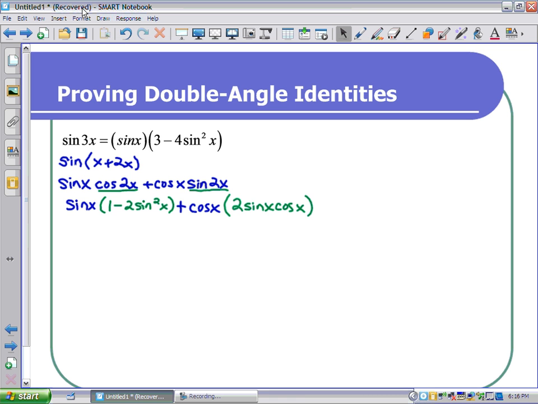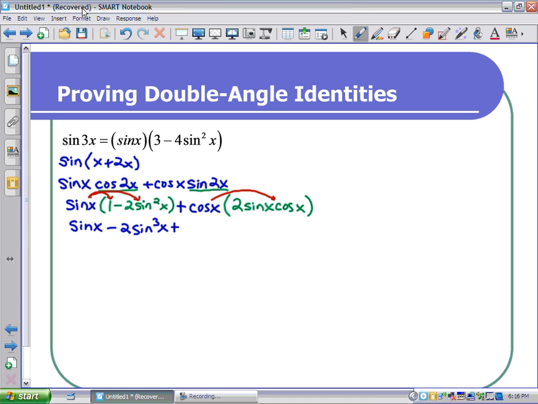All right, so now we have to distribute into the parentheses. So we're going to distribute sine x into the parentheses. So we have sine x minus 2 sine cubed x plus, when I distribute cosine x in, I'm just multiplying the two cosine x's.